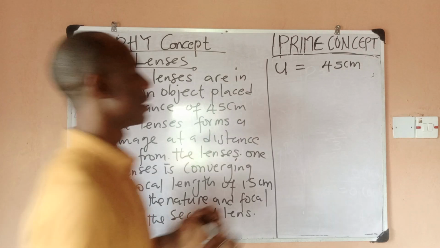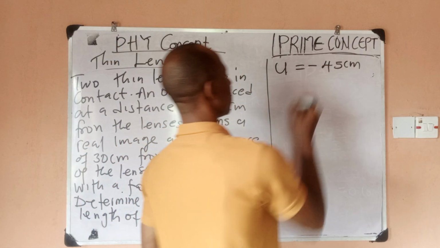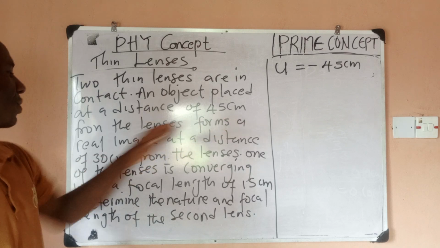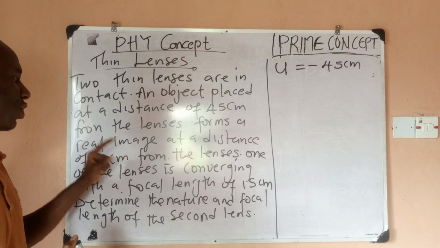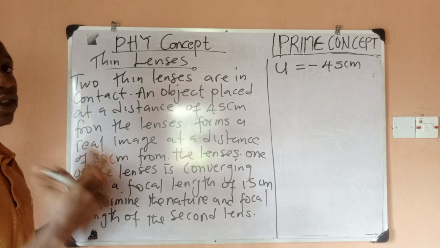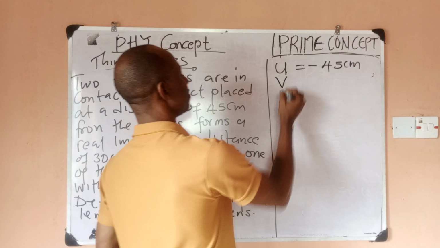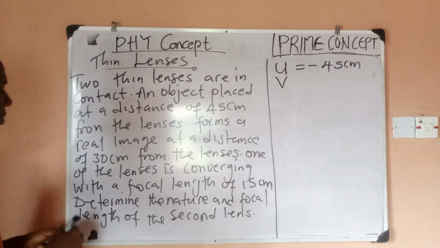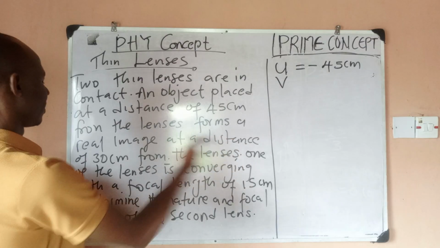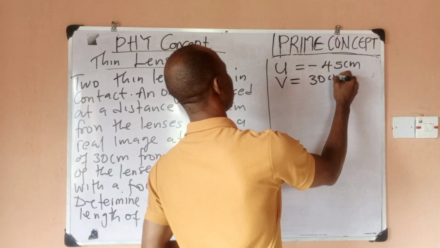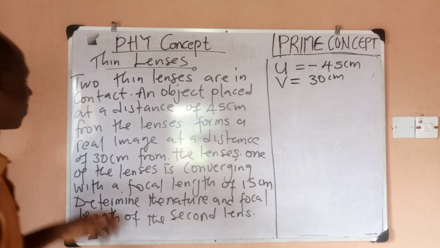The lenses form a real image at a distance of 30 cm. If our image is real, it simply means the image distance will be positive, so v is going to be +30 cm.